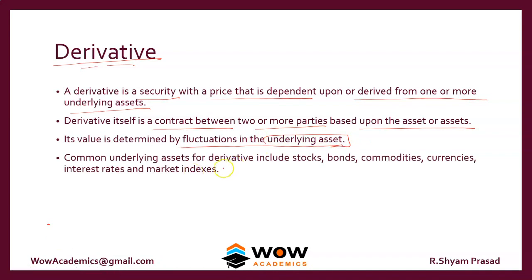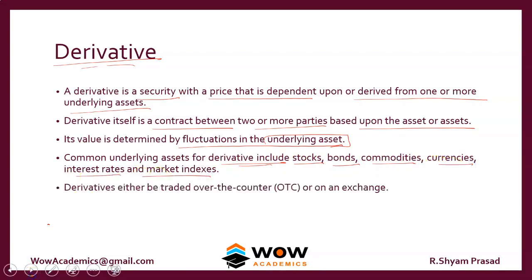Common underlying assets for the derivatives market include stock, bond, commodities, currencies, interest rate, and market indexes. A derivative can be either an over the counter instrument or an exchange traded instrument.